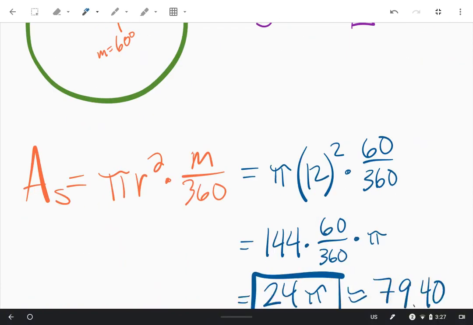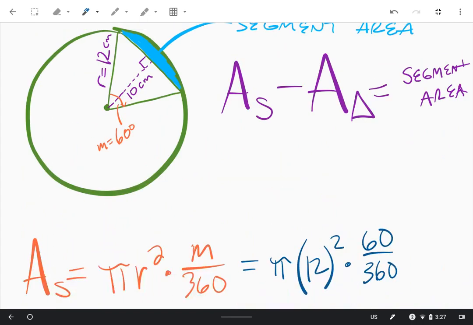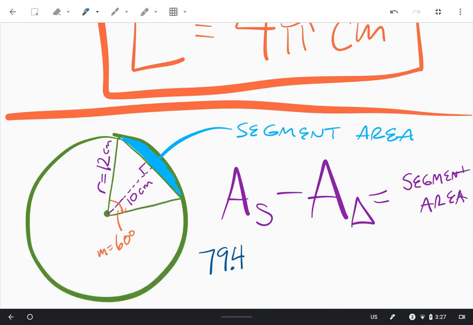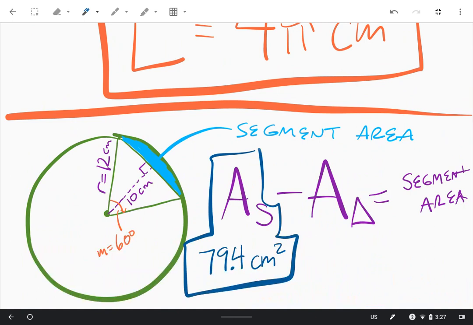I think I said these were centimeters. Yep, centimeters squared. So I'm going to write that down here. 79.4 centimeters squared. That's the area of the sector.